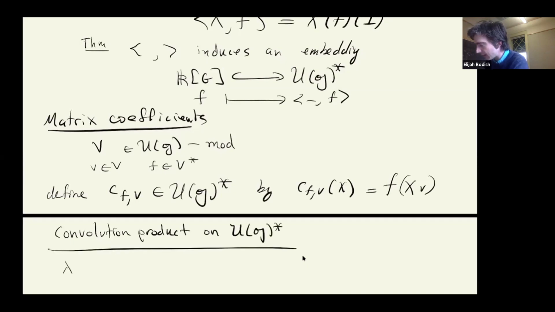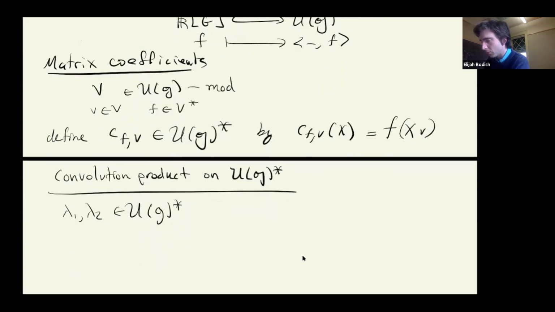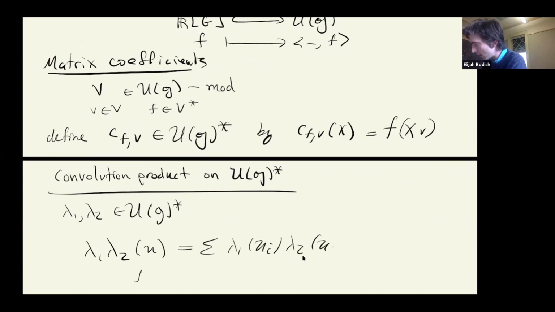If I take lambda 1 and lambda 2, two functionals, I'm going to define their product as a functional such that if I plug in an element u of the enveloping algebra, it is the sum of lambda 1 of u_i times lambda 2 of u_i prime, where delta of u, the co-multiplication applied to u, is the sum of u_i tensor u_i prime.